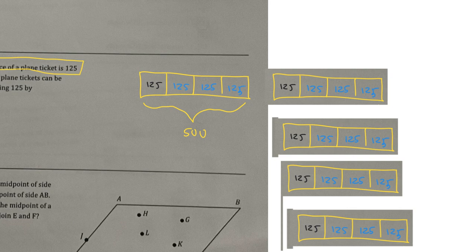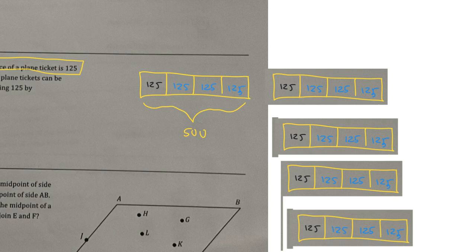This is 5 total tickets, and that's a matter of 125 times 20, because there are 20 of those 125s here. So something along these lines should happen in your head.